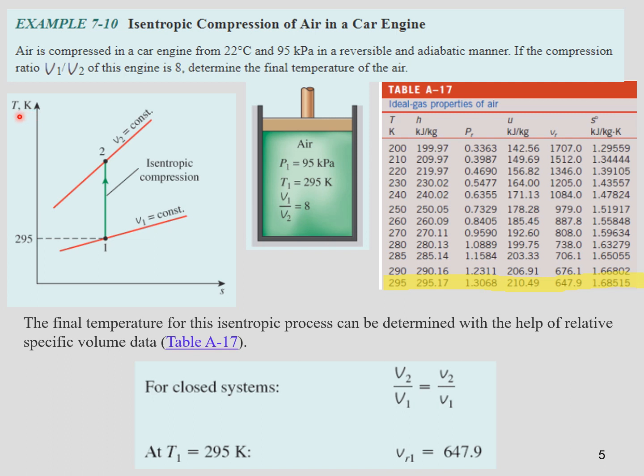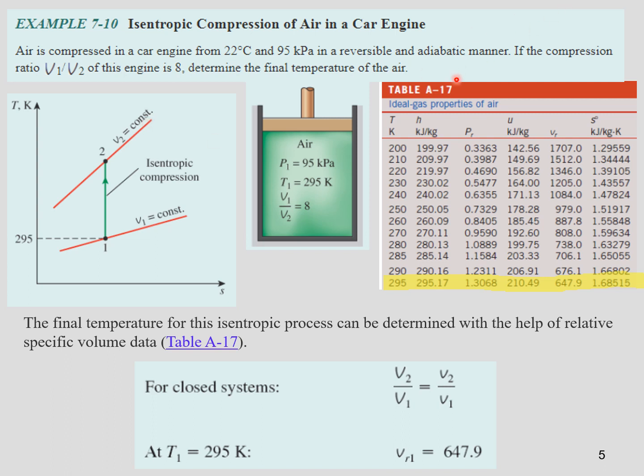This is also shown in the T-S diagram. Since this is isentropic, it goes from 1 to 2 straight up vertically at constant entropy. Entropy doesn't change, but the temperature and the volume do.